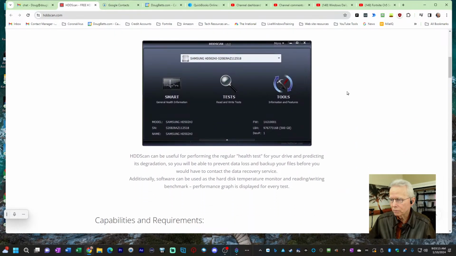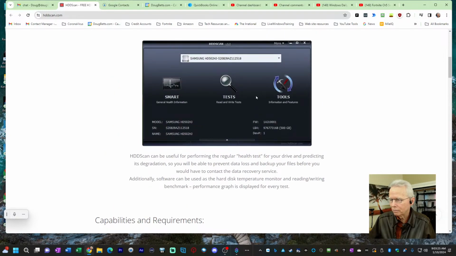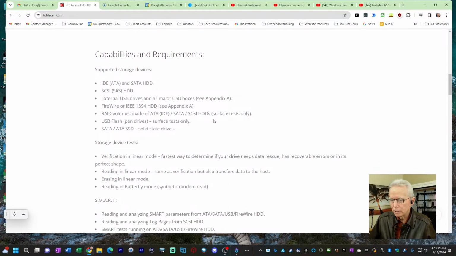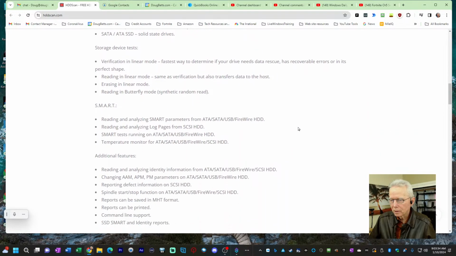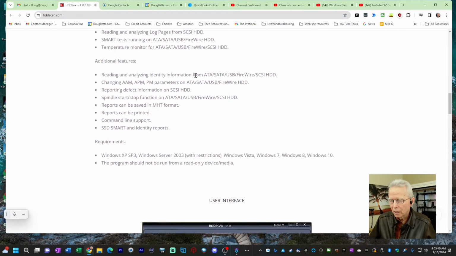We'll get to some screenshots of this program. That's the Smart Info, the tests, and the tools. That's pretty easy to understand. I love it when a user interface is simple to comprehend. Capabilities and requirements, and showing the various different tests that it does and the smart information.